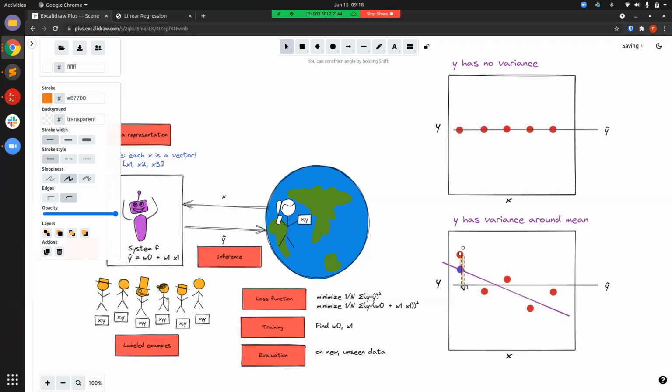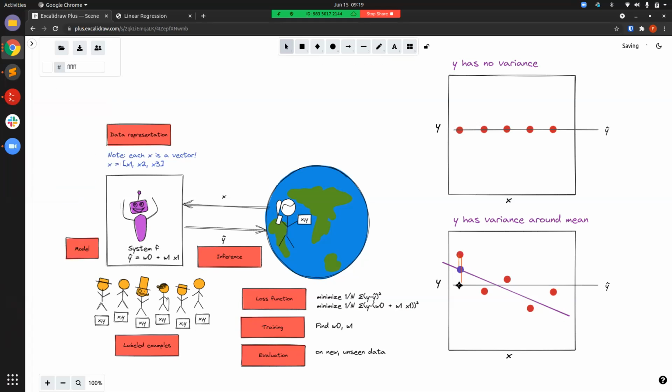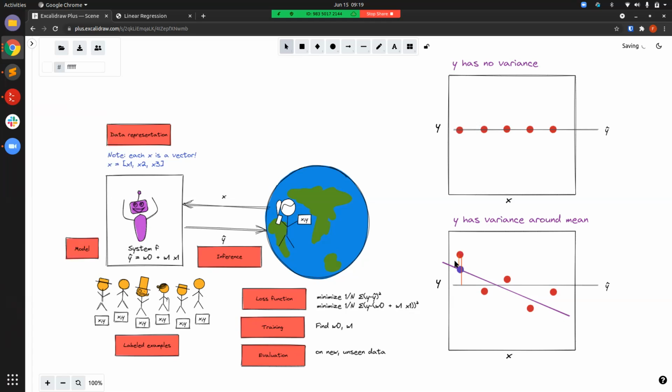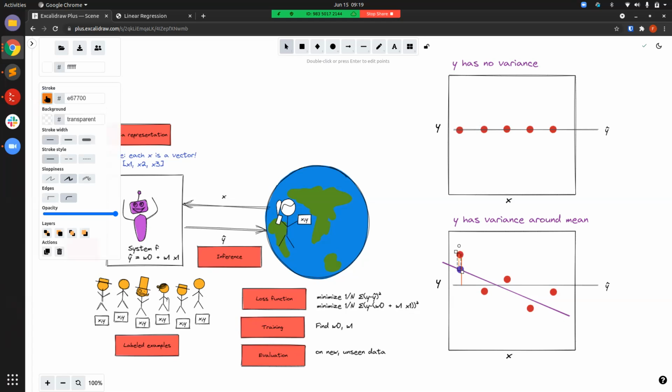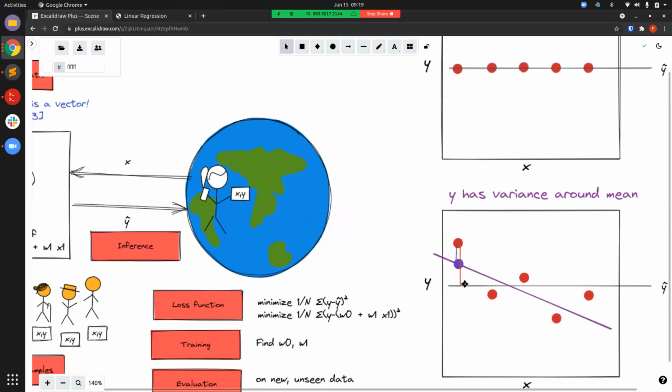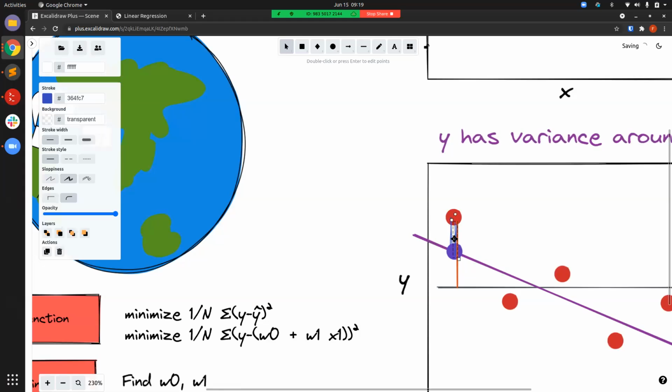Okay. So here in this particular data sample, I have this orange line here that represents how much this particular point varies around the mean. And then I have a model that explains some of this variance.